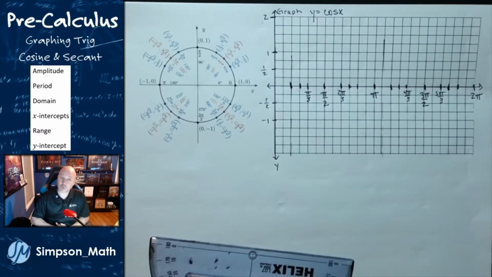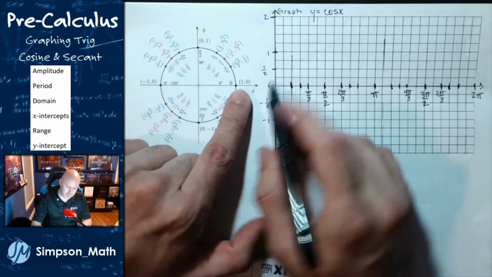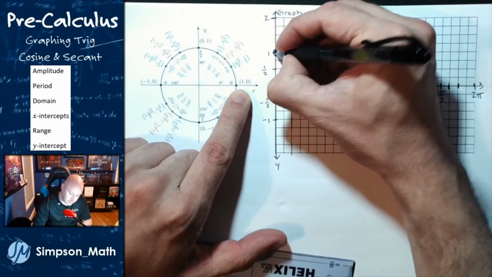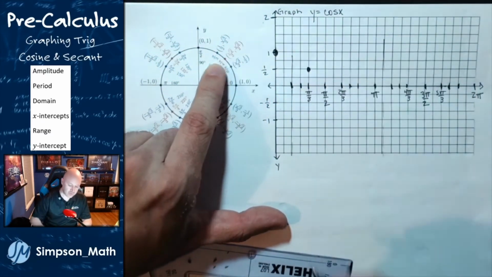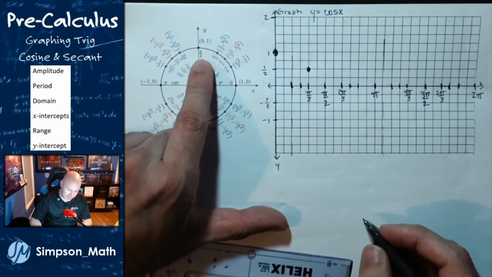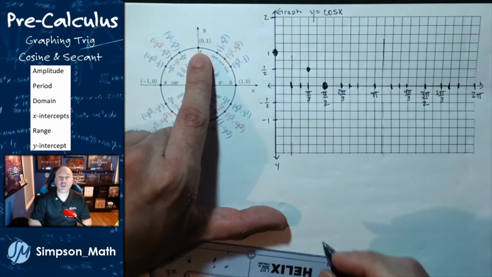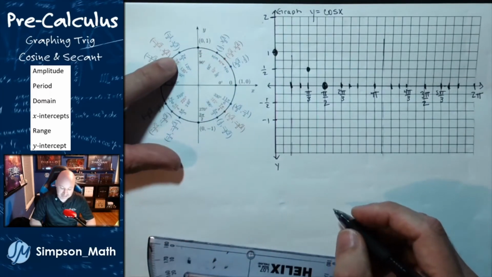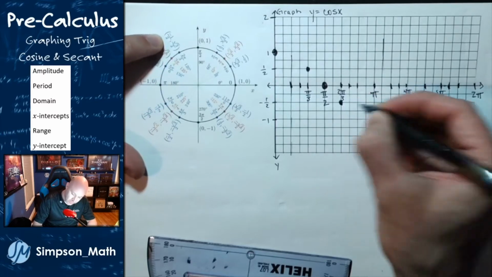And then I can quickly label these points. Cosine of 0 is the value 1. Cosine of pi thirds is 1/2. Cosine of pi halves is 0. Another way to say this, cosine maps 2 pi thirds to negative 1/2.